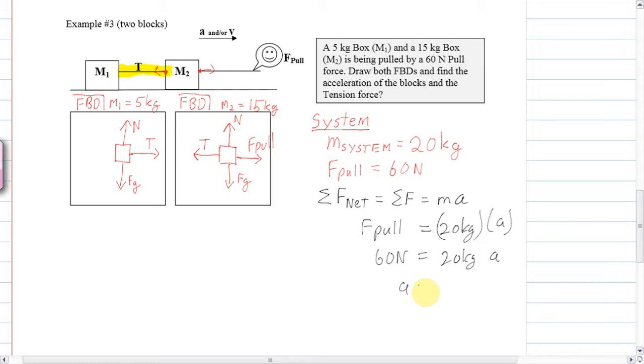So the acceleration is going to equal 60 newtons divided by 20 kilograms, which is 3 meters per second squared. Newtons per kilogram is equivalent in units to meters per second squared.